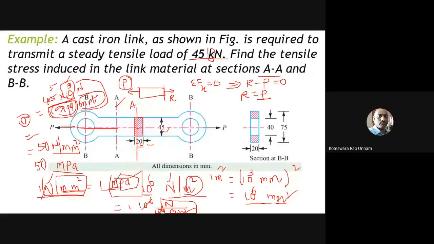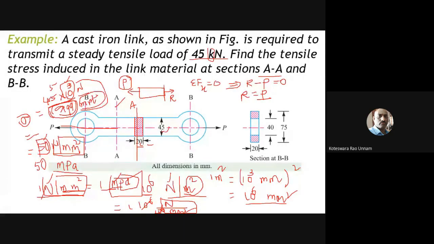See here, I solved the problem and got the magnitude 50. But instead of 50 Newton per mm square, if I write 50 Newton per meter square, then it is going to be wrong. Even though you calculated the magnitude properly, if you do not specify the unit properly, it is going to be wrong.